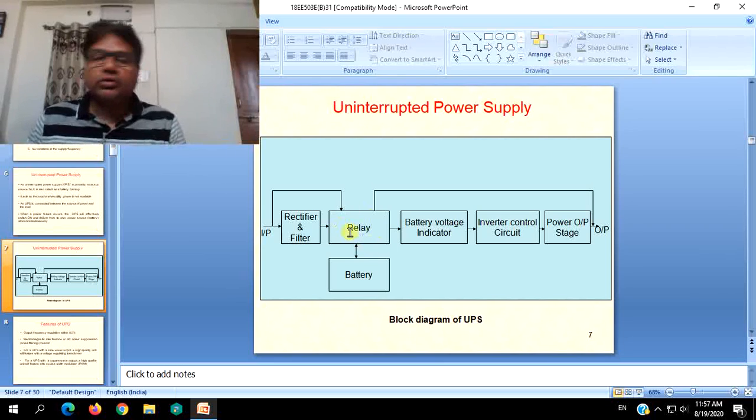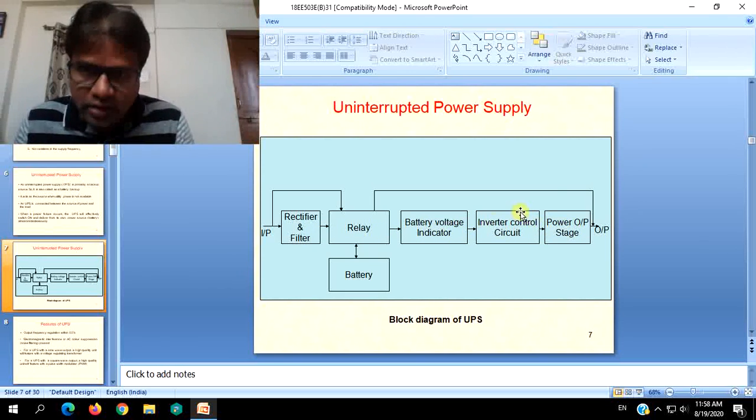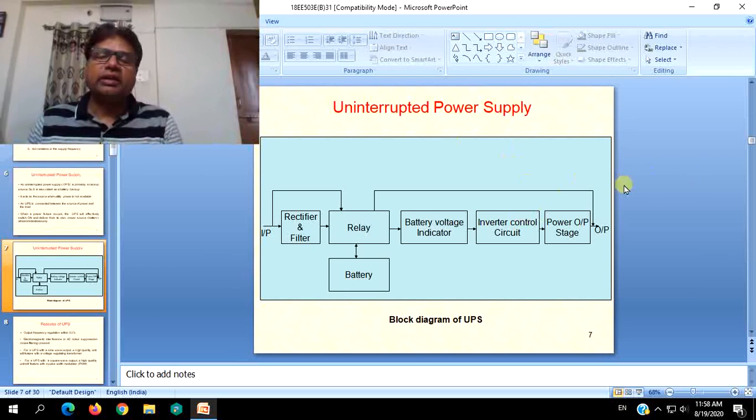Or you can also understand that the input is always fed to the output or load side via this path shown, that is rectifier, relay and battery voltage indicator. There may be two ways, depending on how these UPS are classified. We will go through that later.